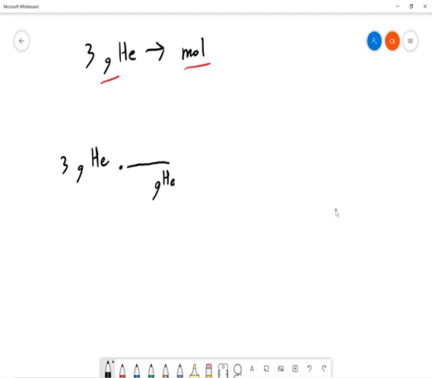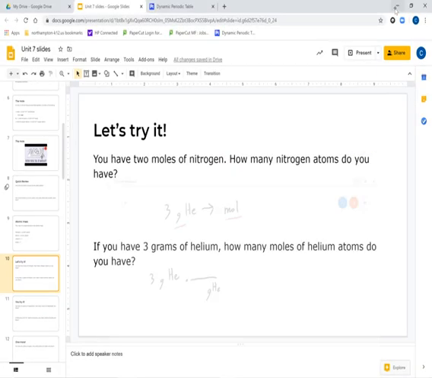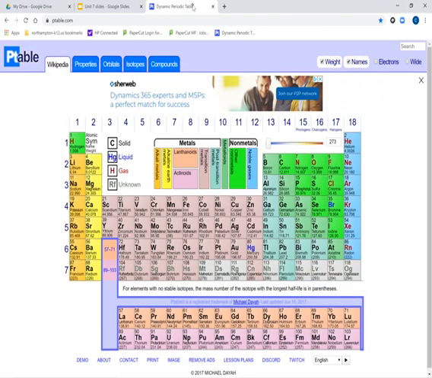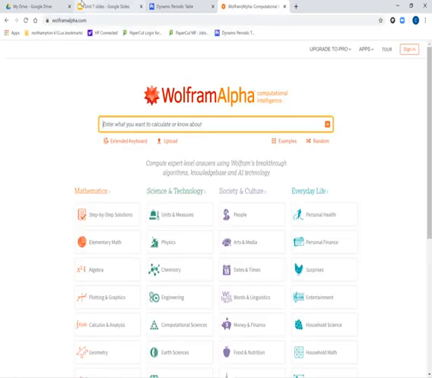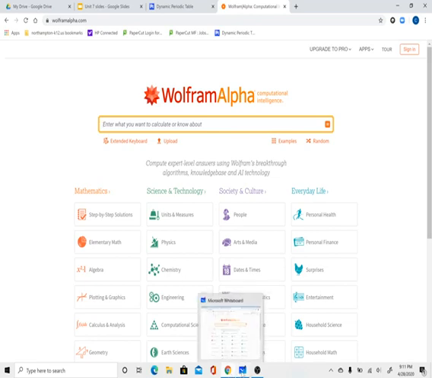This is where we go back to the periodic table, what we just figured out, right? What is 1 mole equal to? Well, for helium, it's 4.0026, okay? I'm going to open up another tab here so that we can do this calculation, because I do not have a calculator on me.